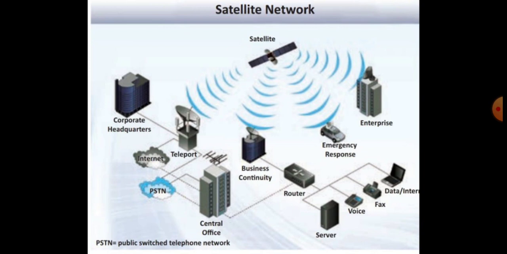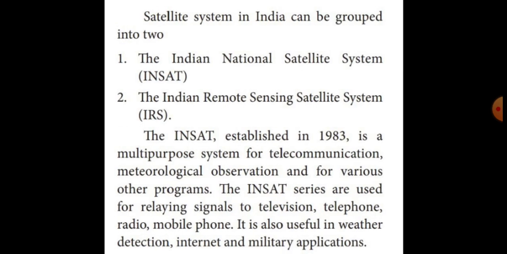Then the satellite system in India can be grouped into two. Listen very carefully students. The first one is the Indian National Satellite System. The second one is the Indian Remote Sensing Satellite System.